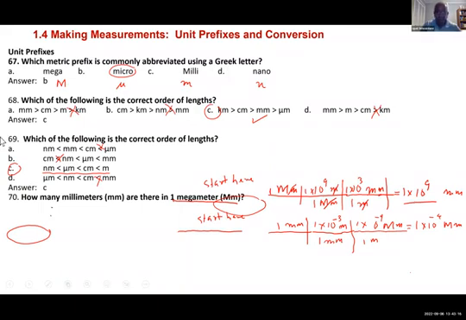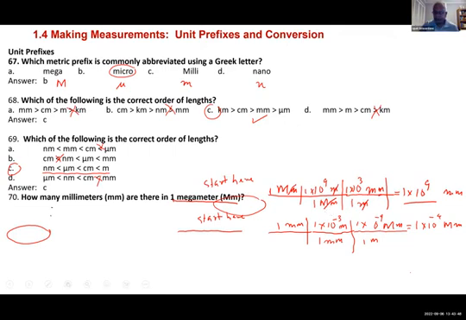You start with where you are starting here. You are starting from 1 megameter because you are asked how many millimeters are in 1 megameter. Therefore, I write down 1 megameter, this first one. Then you have to convert megameter until you get millimeters.